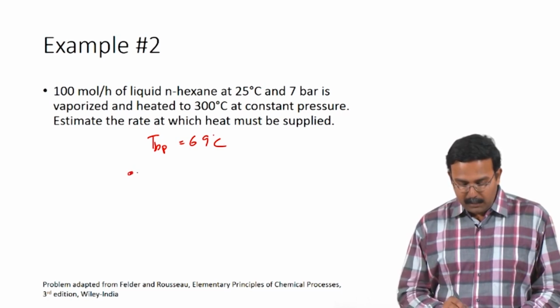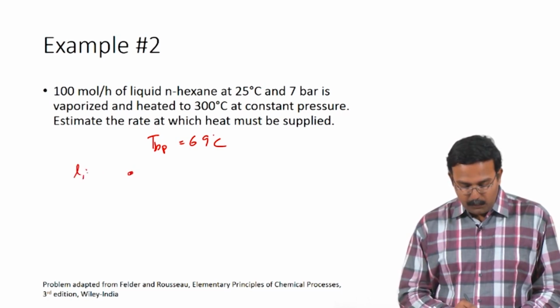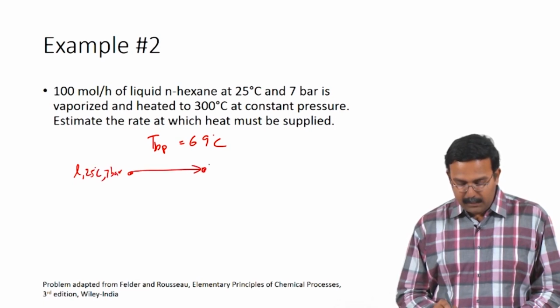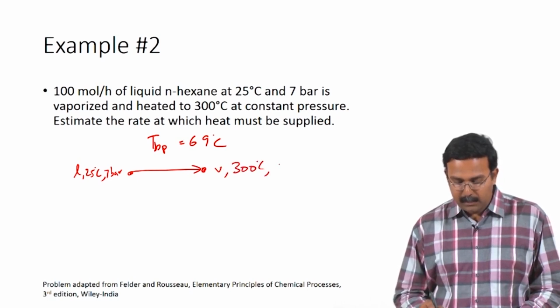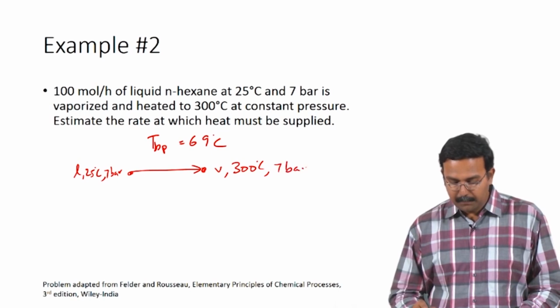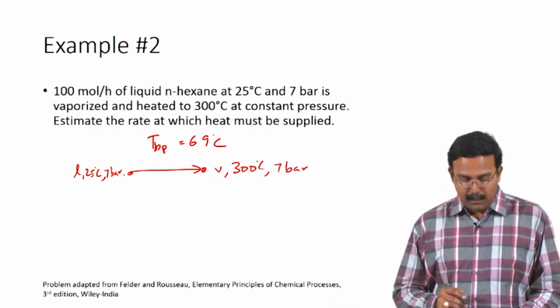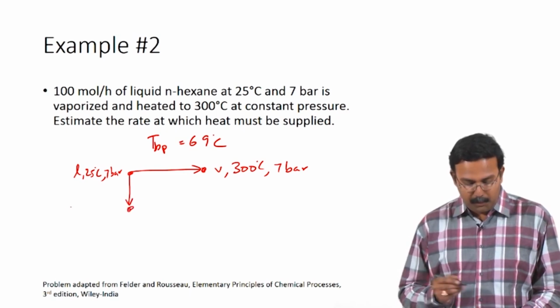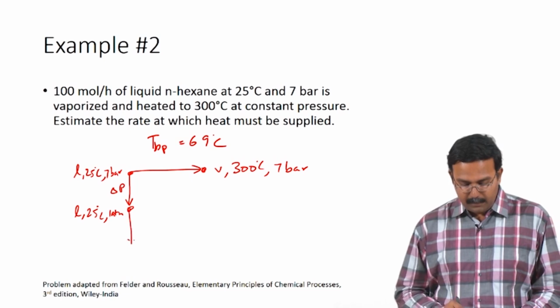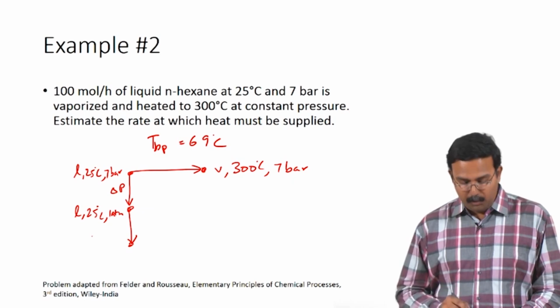So, you have the initial state which is liquid at 25 degrees Celsius and 7 bar, and the final state which is vapor at 300 degrees Celsius and 7 bar. As we want the phase change to happen at 1 atmosphere, let the first step of the hypothetical path be liquid at 25 degrees Celsius and 1 atmosphere, where only pressure is changing, and the second step is where temperature is increased from 25 degrees Celsius to the boiling point.